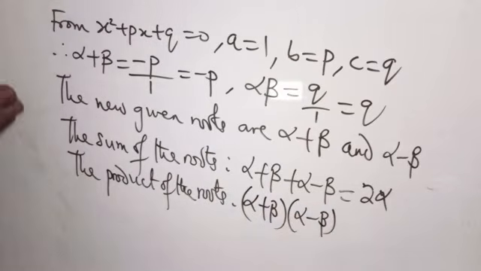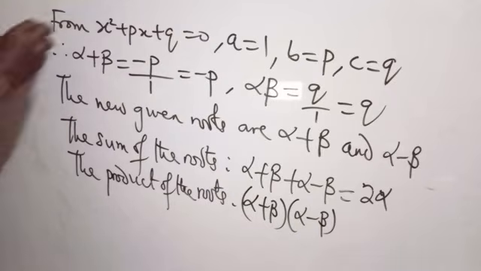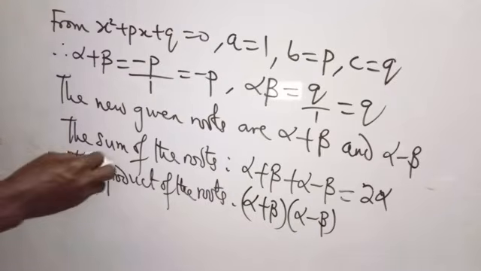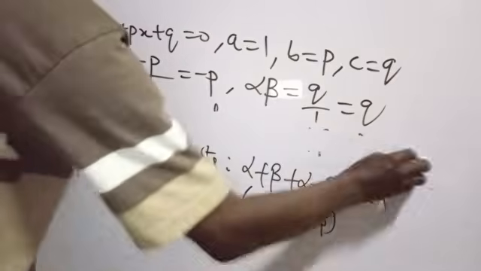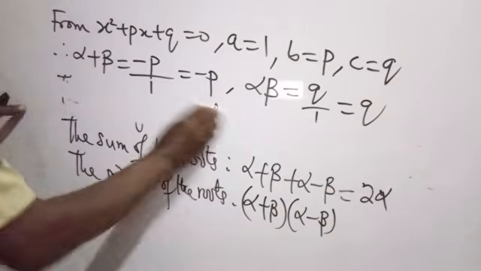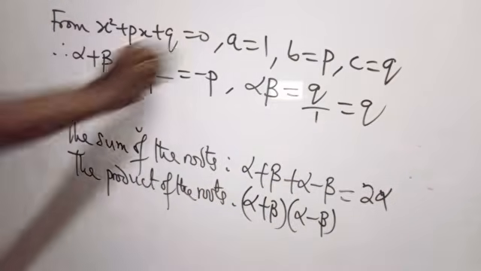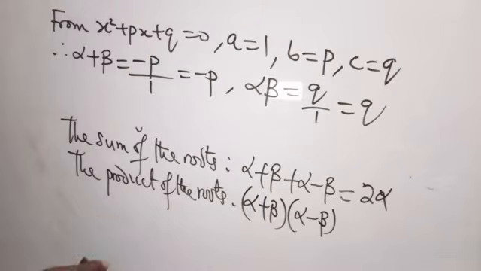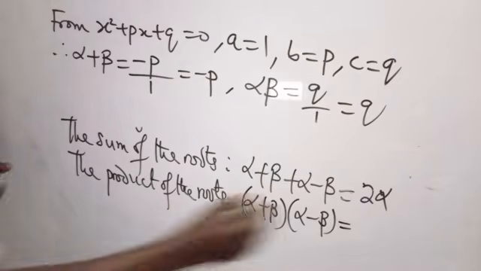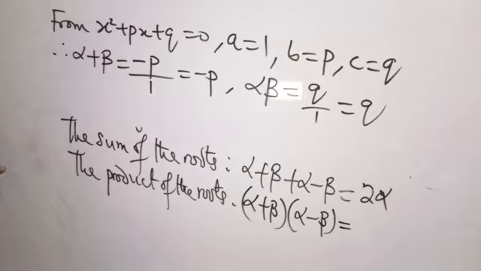Now to get the product of the roots, let's take note of this. I want to clean so that we won't forget. So later we clean this because we need this. Alpha plus beta, alpha minus beta. If we expand this, can we see what we are going to get?